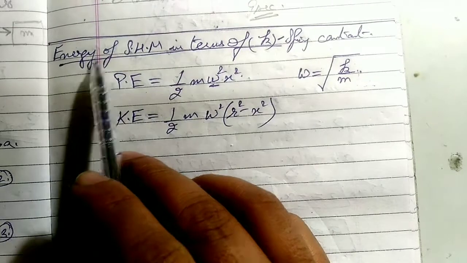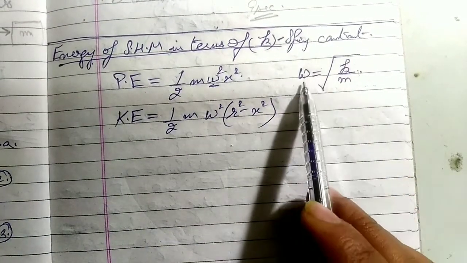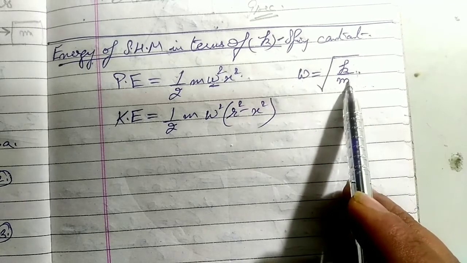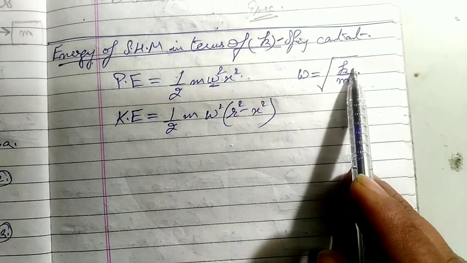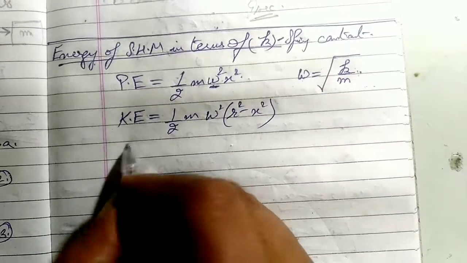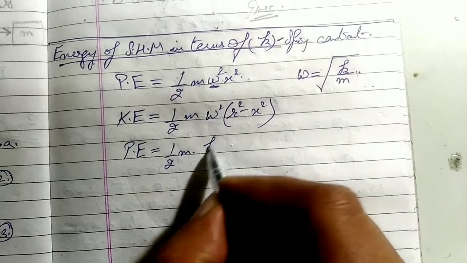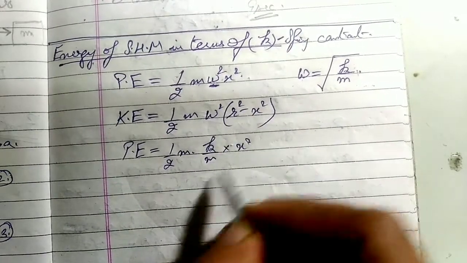Now we have to find the energy of SHM in terms of spring constant K. So we have solved omega square is equal to K upon m, where m is the mass of the pendulum and K is the spring constant. We will put this value here for potential energy, means PE is equal to half m omega square, means K by m, into x square.